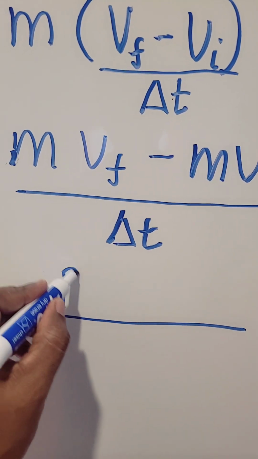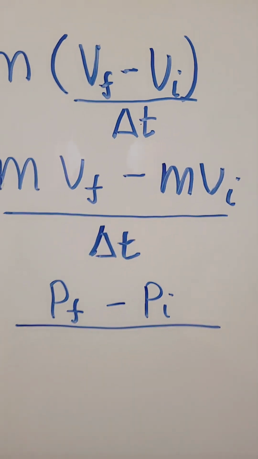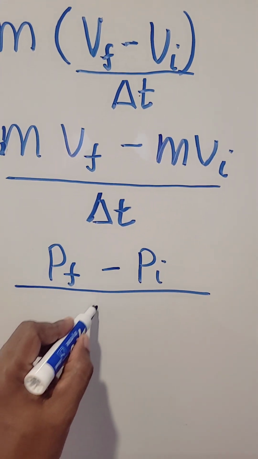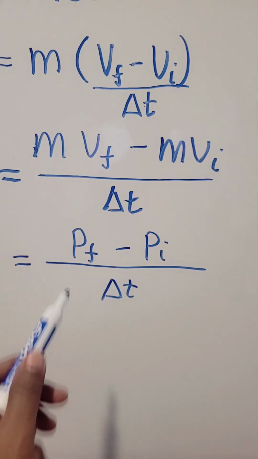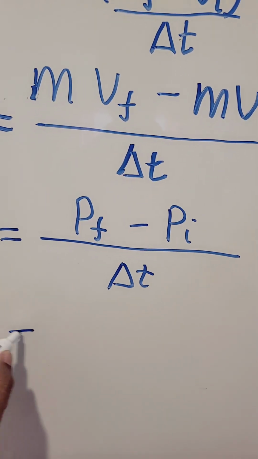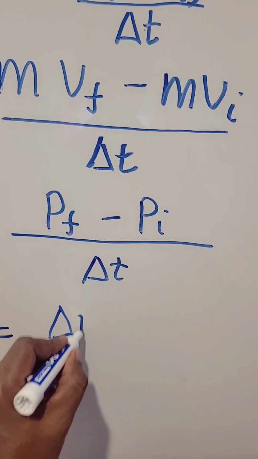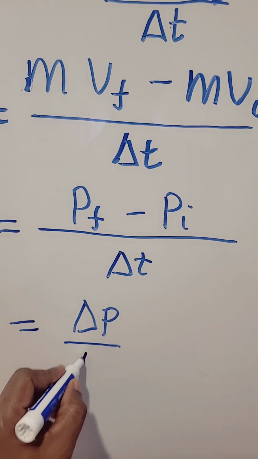So this is final linear momentum minus the initial linear momentum divided by time. And the numerator is nothing but the change in linear momentum, delta p. Delta p over delta t.